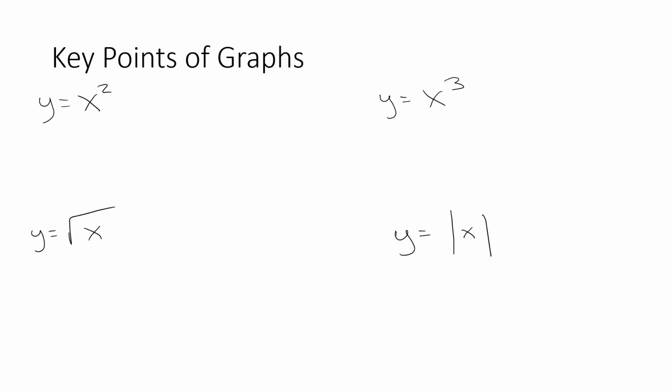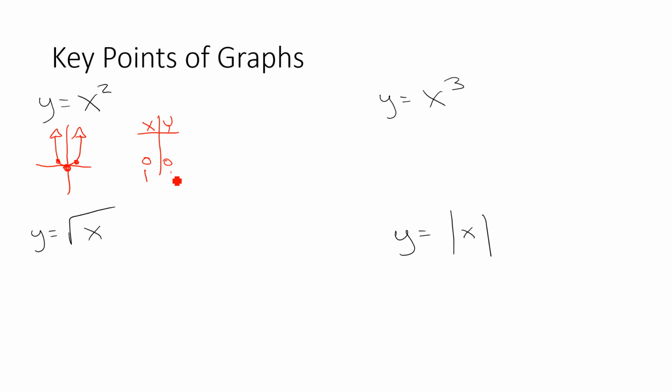To graph everything, we need to know some key points of our graph. So x squared looks like this, going through the origin. The key points that you always need to know, if you do a t-table, we're going to start with the origin, which is 0, 0. I would like you to know 2 points on either side. A good point to the right would be if x is 1.